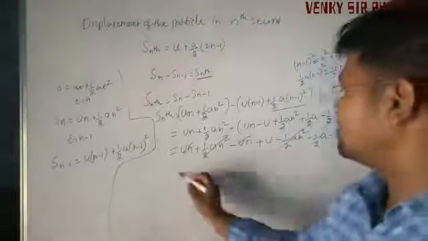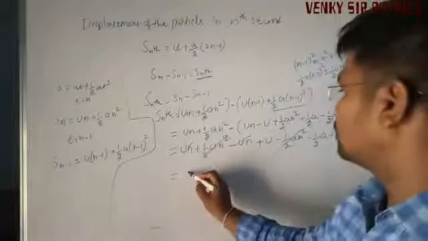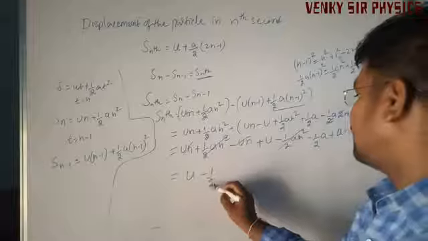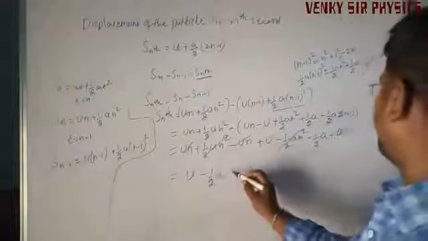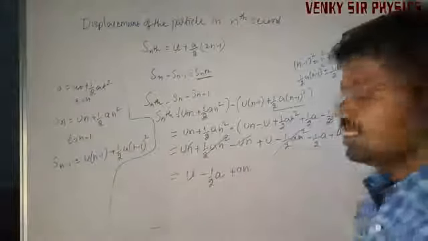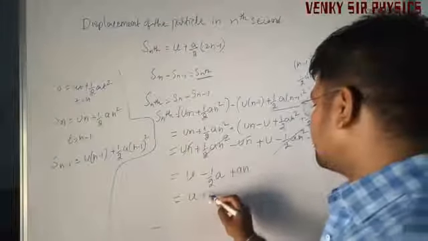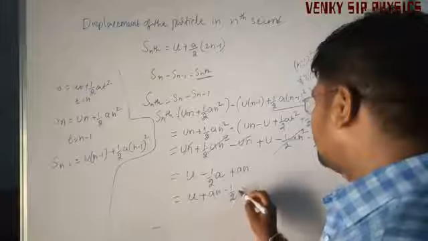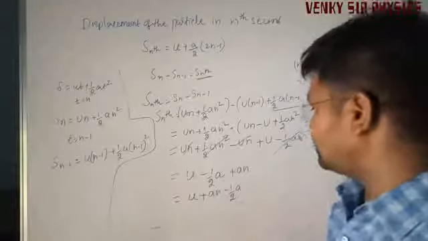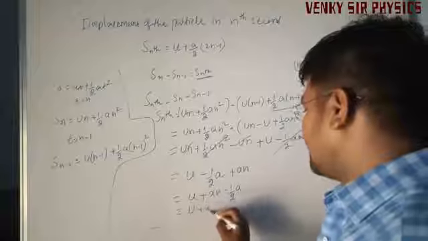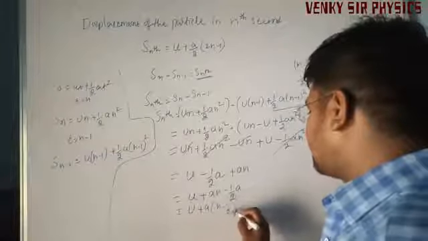Rearranging the remaining part: u minus 1 by 2 a plus an. Taking 1 by 2 a common, u plus a into n minus 1 by 2.